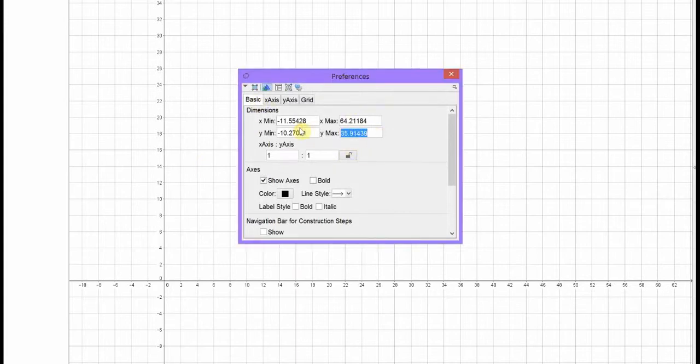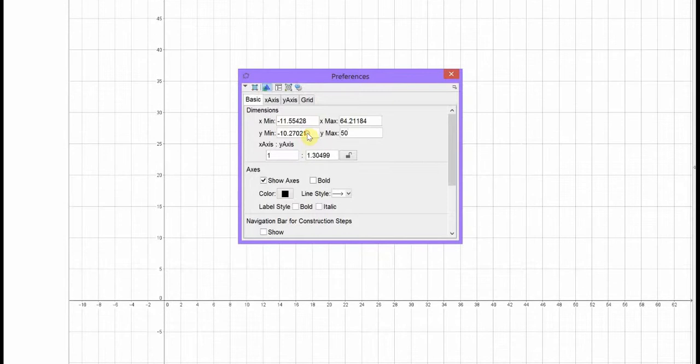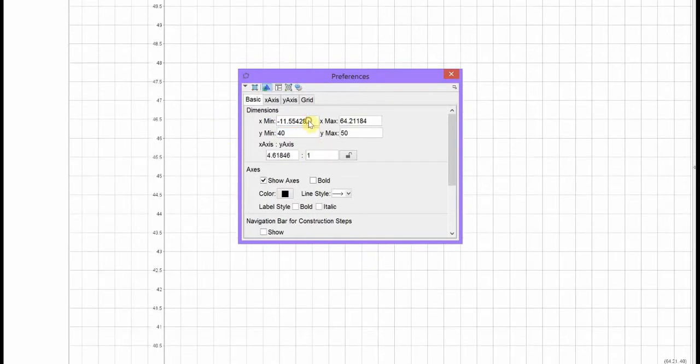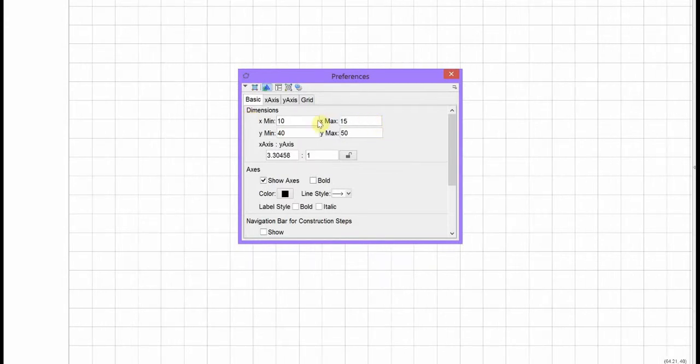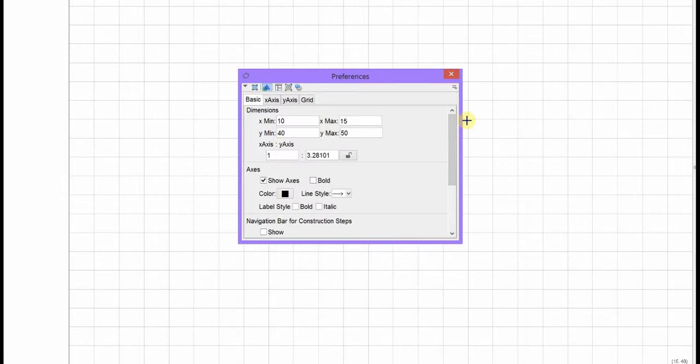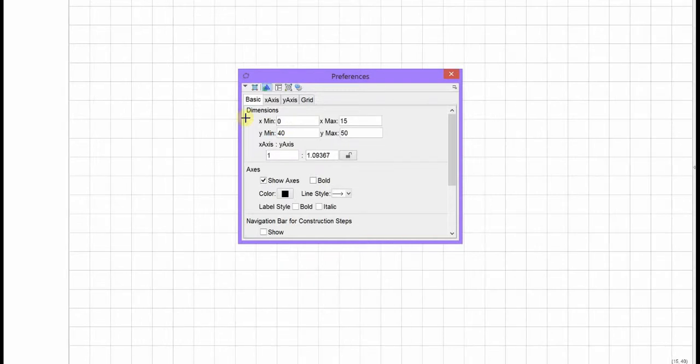Let's do 40 to 50. And let's do length on the other set of axes, on the x-axis. And we were trying things between like 10 and 15. So 10, 15. I didn't think this through. They're not going to show me the axes like I want them to.